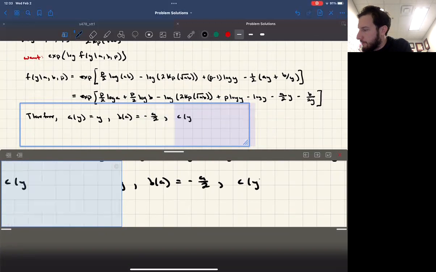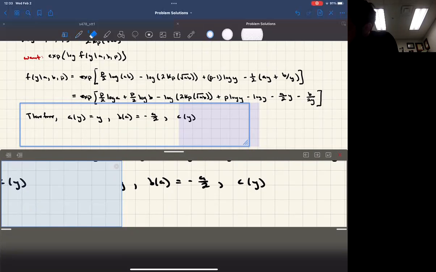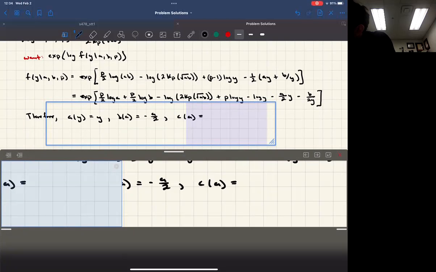and then c of A. Okay, so c of A is going to be a function of A, and we can also include the other model parameters in there, and then d of y will be a function of all the remaining y terms.